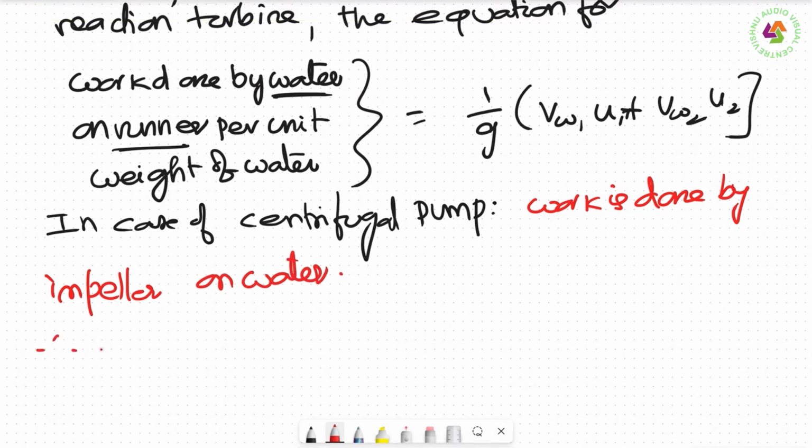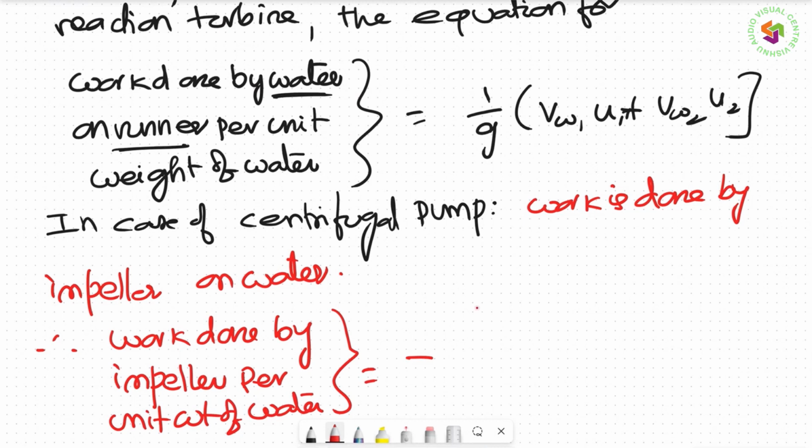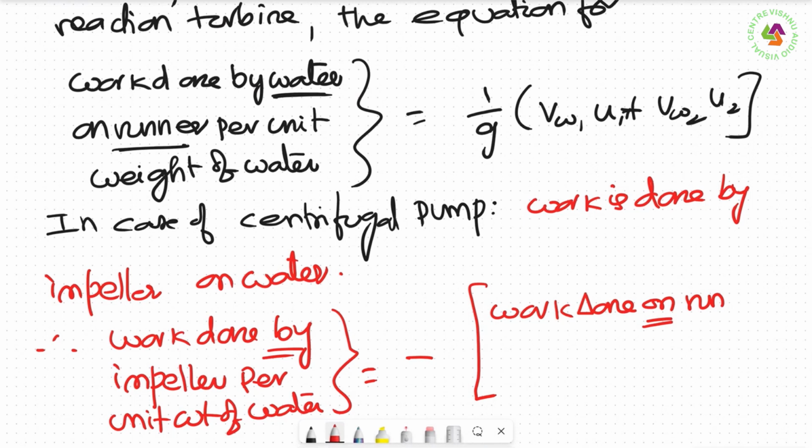Therefore, work done by impeller per unit weight of water is equal to minus of work done on runner per unit weight of water.